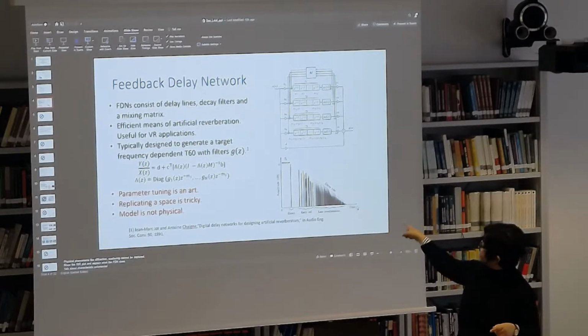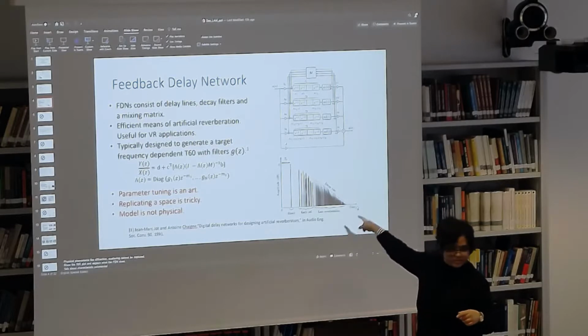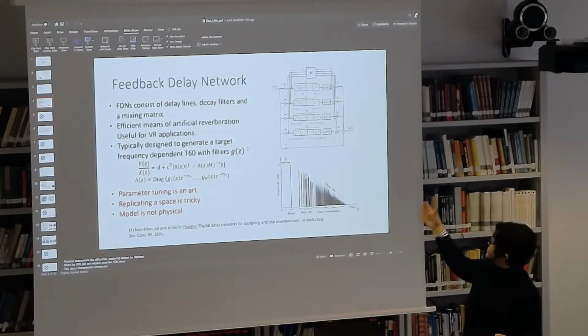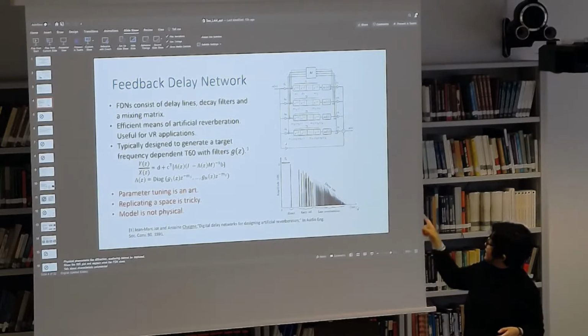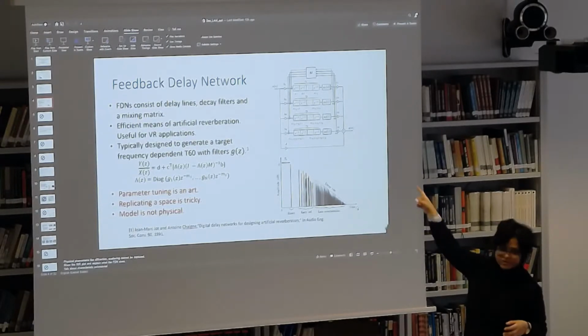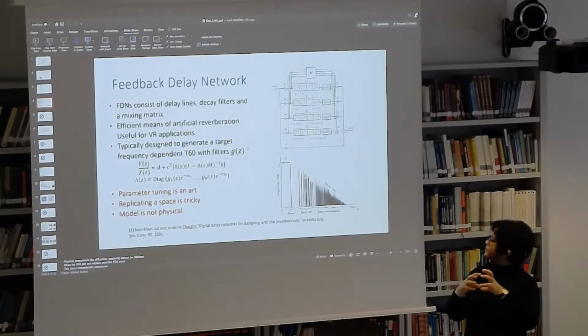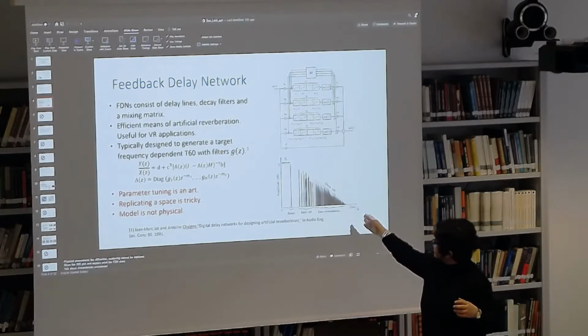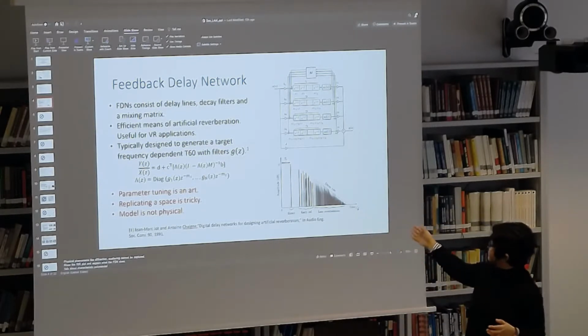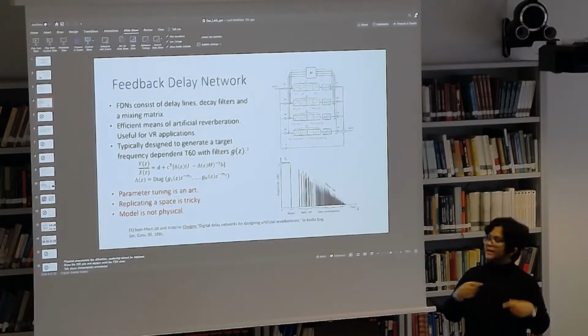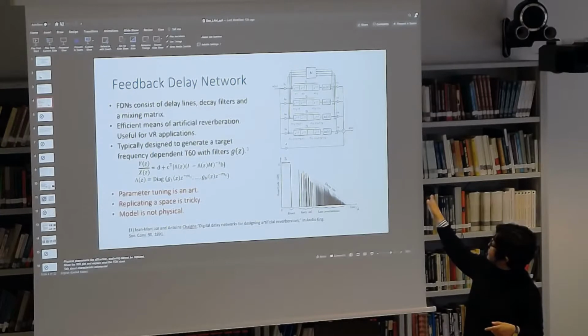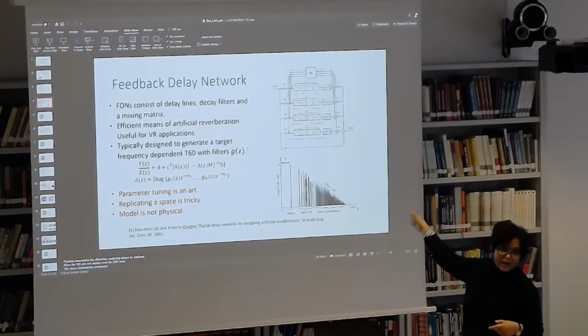And the filters control the decay rate, which is otherwise what I call the T60. So you can design these filters to get a particular T60. As your input goes through the network, so if you just have an impulse as an input, this is what you get from the output. Then because of this mixing matrix, you get this late decay, this diffused field, after the network has finished mixing, and you get a lot more impulses out of the input.